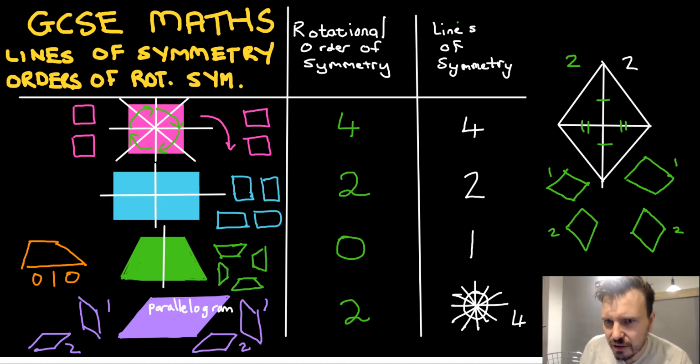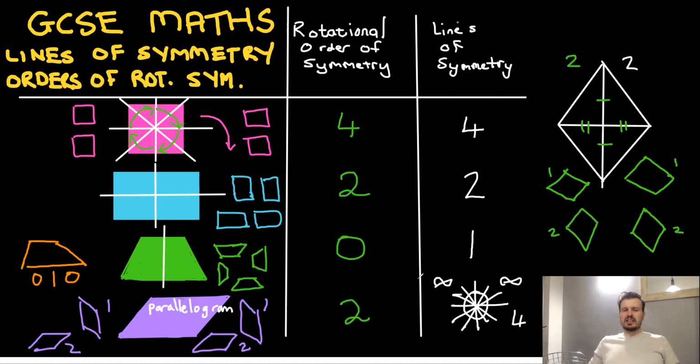But it's a weird one though, because you could also argue that it's infinite as well. Because what are you rotating? Are you rotating at 90 or are you rotating at like 0.001 degrees? Well, what do you want?